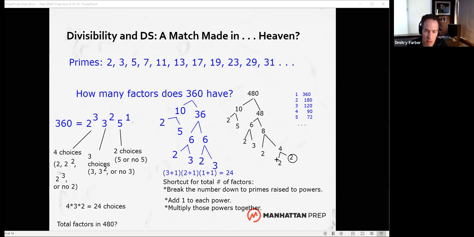I've got 1, 2, 3, 4, 5 2s instead of 3 2s, right? But I just have 1 3 instead of 2 3s, and I have 1 5. So now it is equal to 2 to the 5th times 3 to the 1 times 5 to the 1.